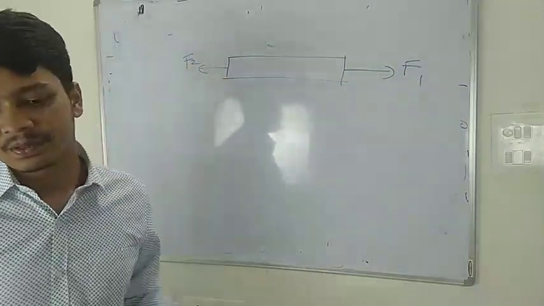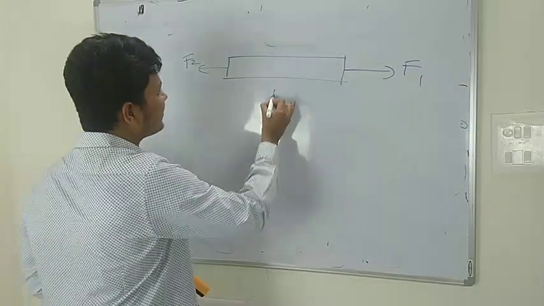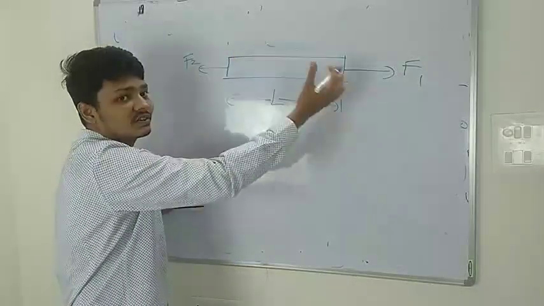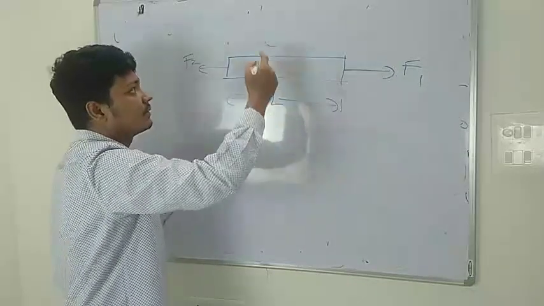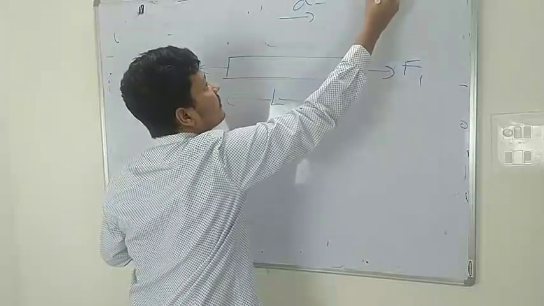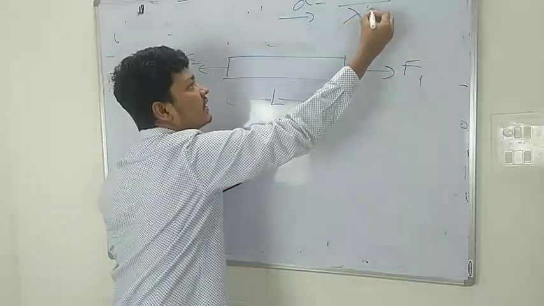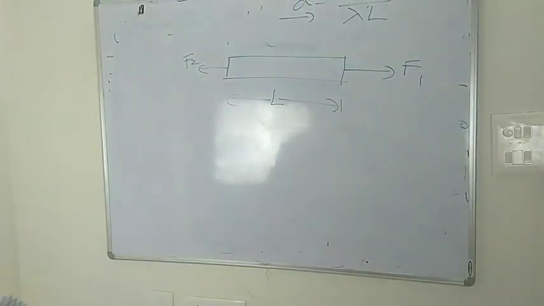Length is L. Take this rod as a system. What is the acceleration? Acceleration of the system is the net force along the x-axis by mass, so it is F1 minus F2 by mass. Let me write linear mass density into length as the total mass of the rod.